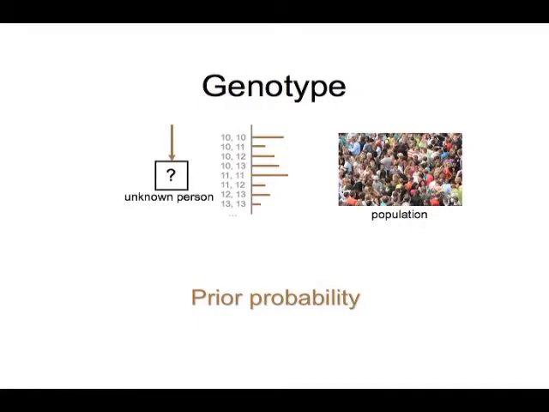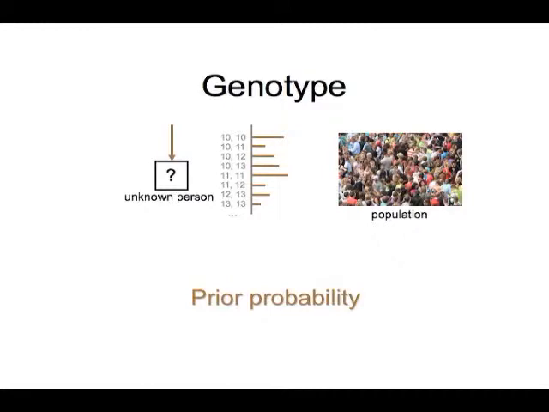So if we have a genotype of an unknown person, there's a question mark in the box on the left, and we ask, what is that person's genotype? We've obtained no data yet except maybe the fact that they're human. And so all we know is our prior belief, the prior probability, that they belong to some human population.